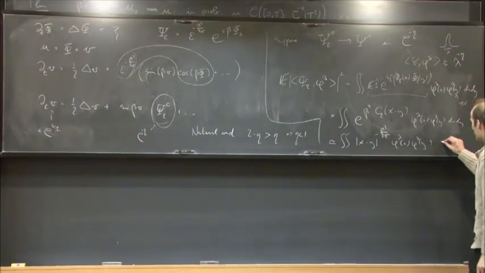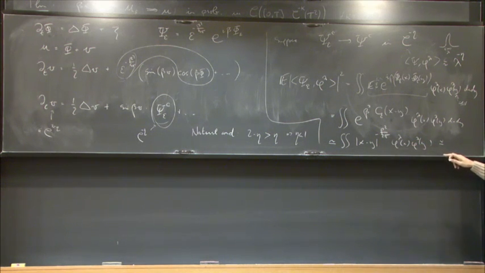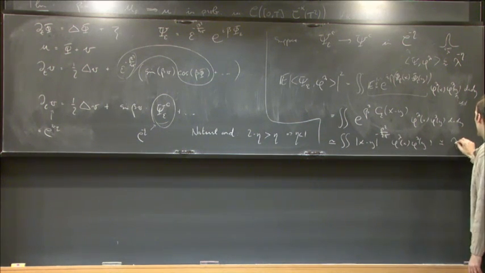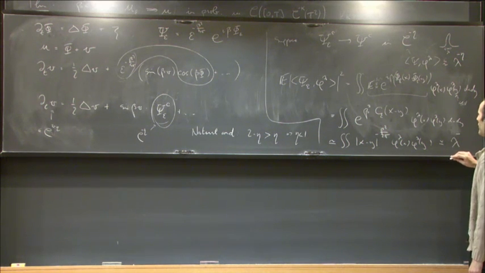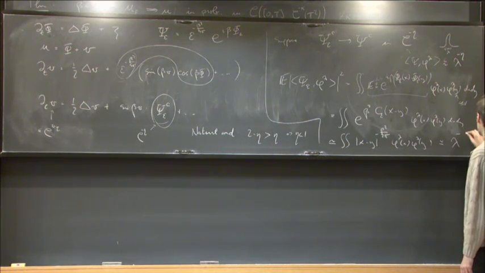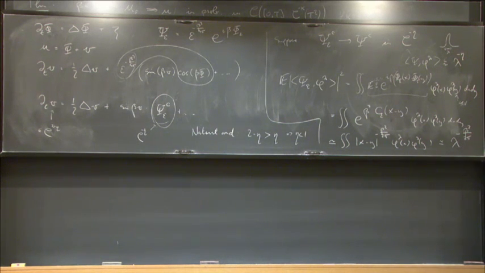Well, if you compute this, you just use the scaling properties of these functions, and you figure out that you get lambda to the minus, you should get exactly beta square over 2 pi. Okay, so this, yes.